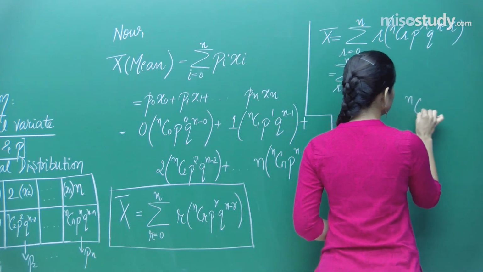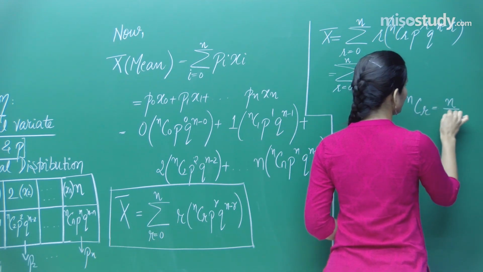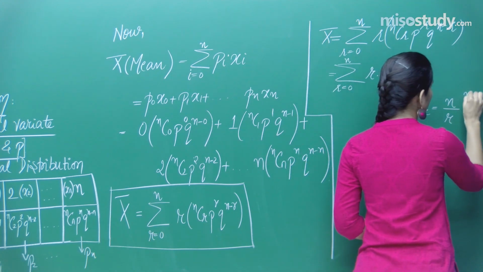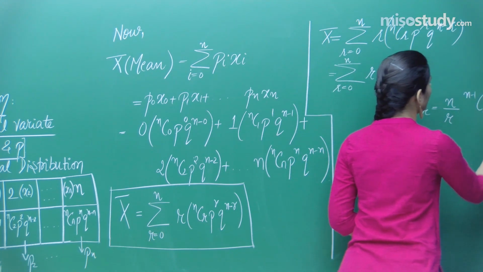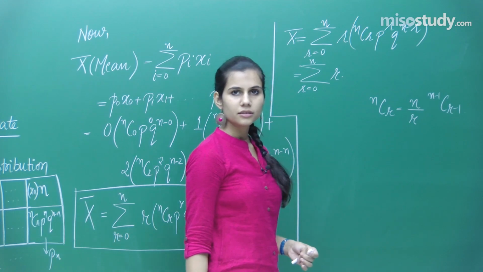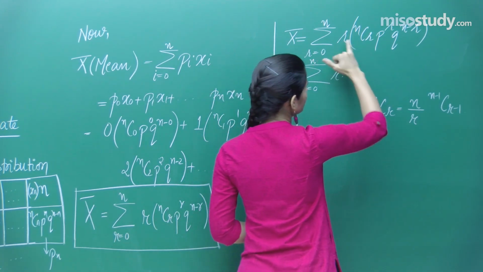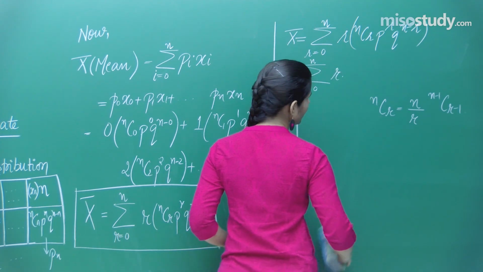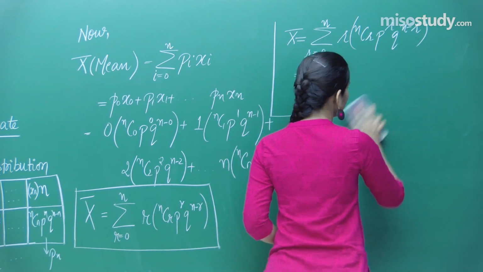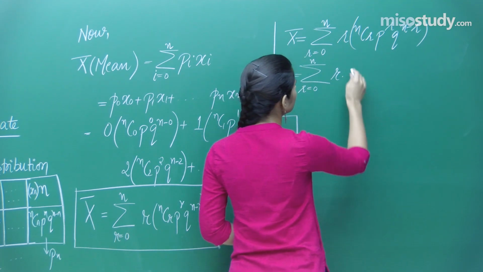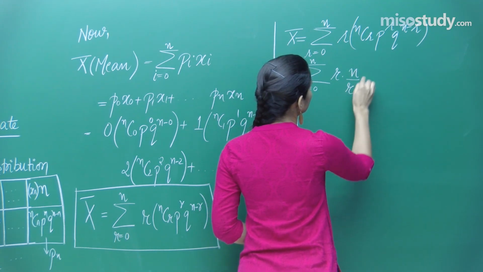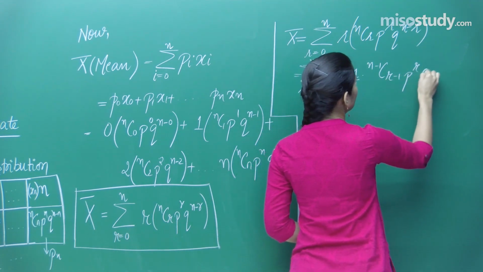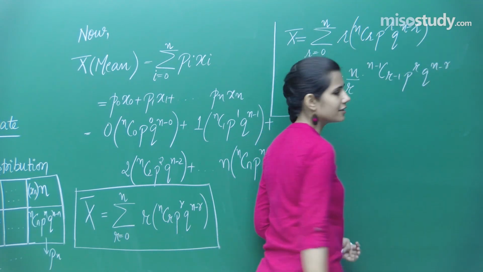If you remember, NCr is equal to n by r, you take one n and one r, you are left with n minus 1 C r minus 1. Right? I already have an r over here, so bringing an r in the denominator is going to help me cancel this r. So that is why I am using this relation. We've already done this, proved this. This will be n by r, n minus 1 C r minus 1, p to the power r, q to the power n minus r.